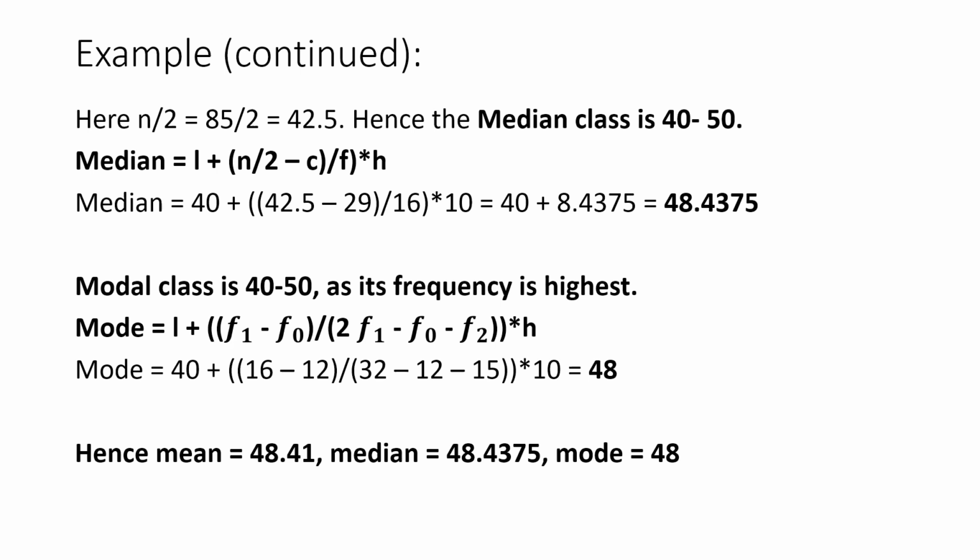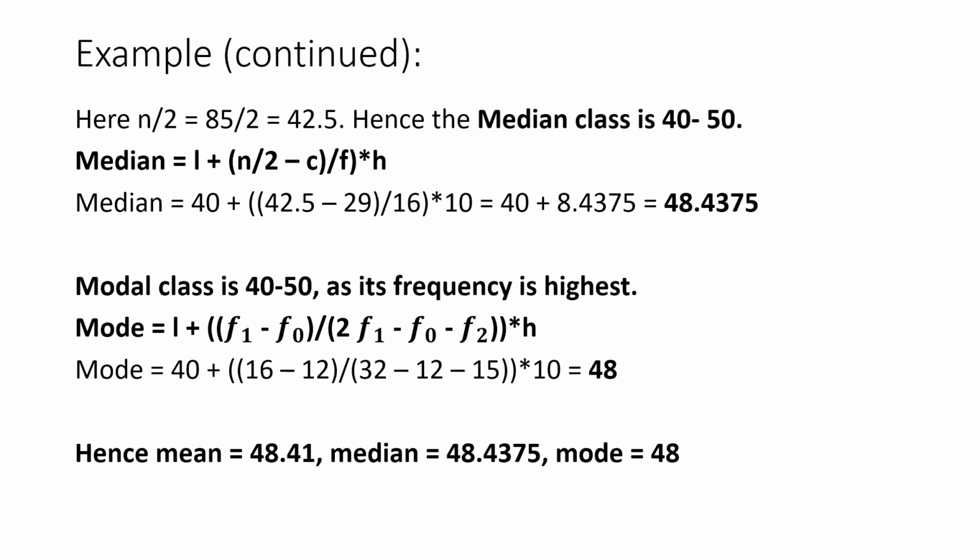By putting the values in the formula, lower limit 40, n by 2 is 42.5, cumulative frequency of the class preceding the median class, which is class 30 to 40, is 29. Frequency of the median class is 16, into class length, which is 10. So we get the value of median as 48.4375.